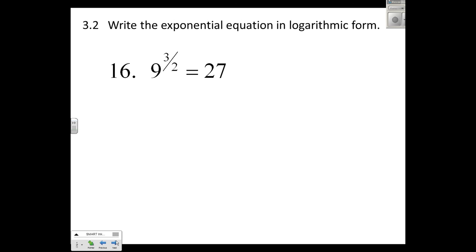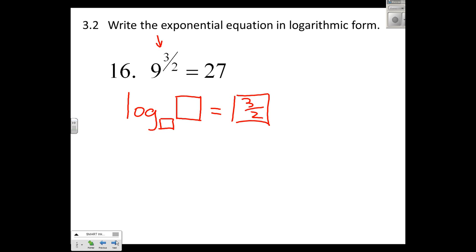Then, write the exponential equation in logarithmic form. So I end up wanting log something something equals something. Well, what do we have here? 3/2 is the exponent that's turning 9 into 27.